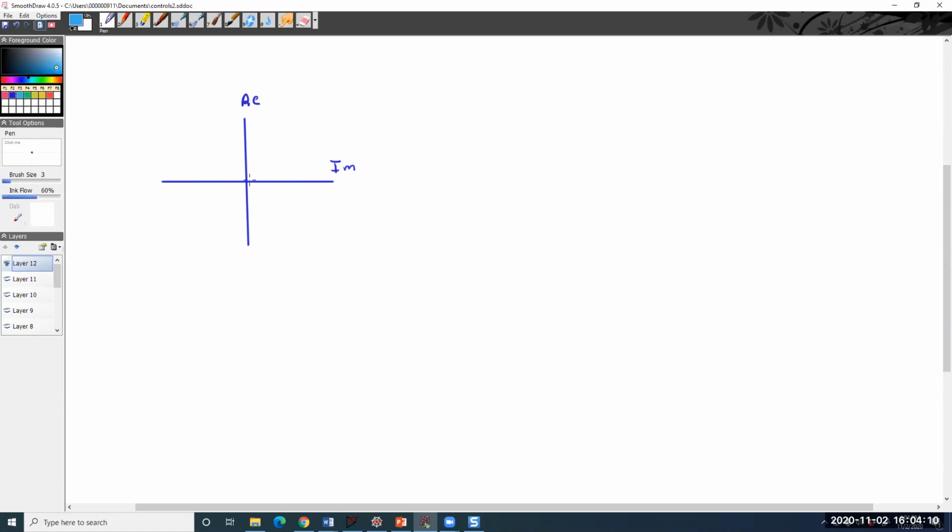And so if I have a pole here, that means H of S is something divided by S, right? And when the system is something divided by S, you have an integrator, right?